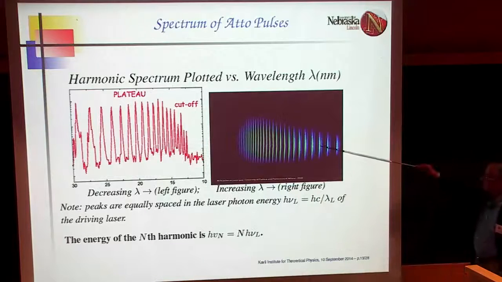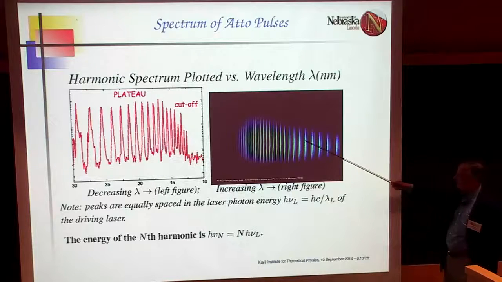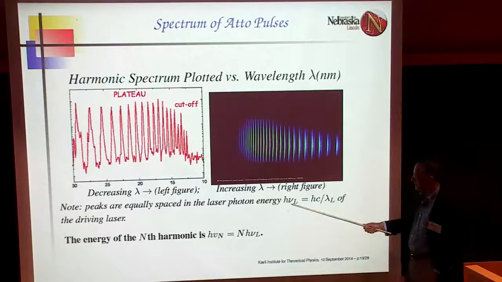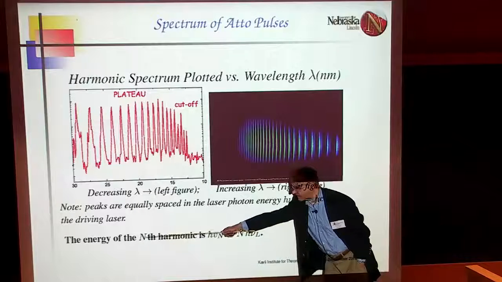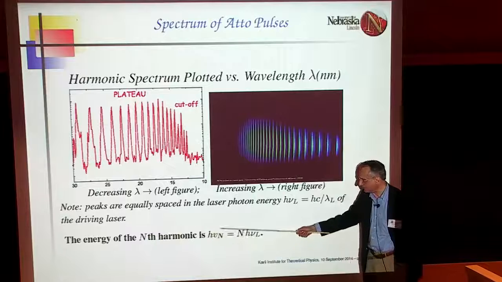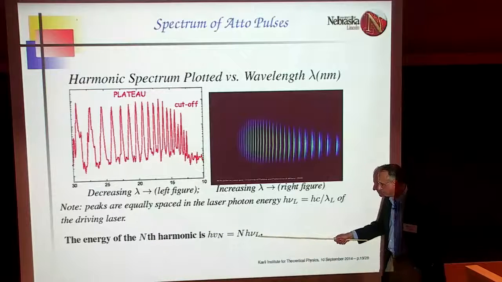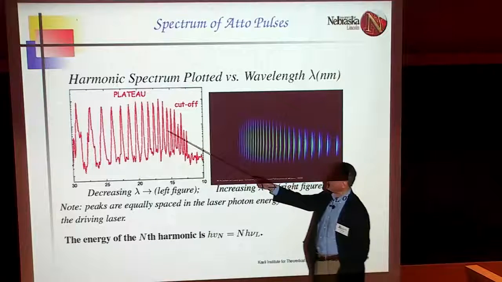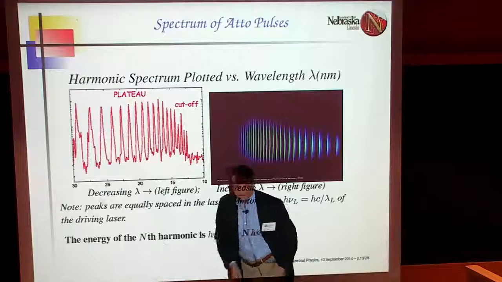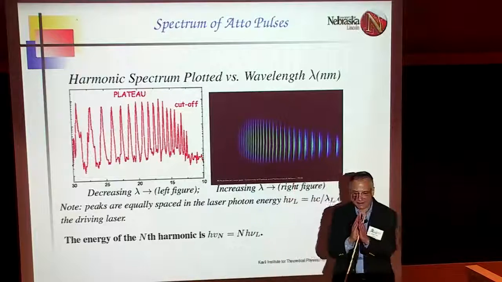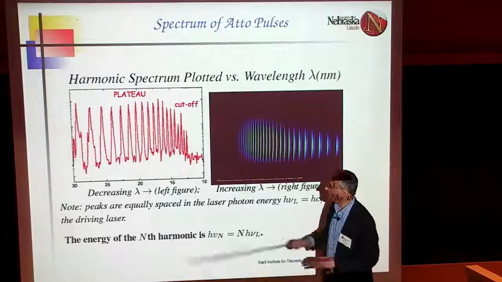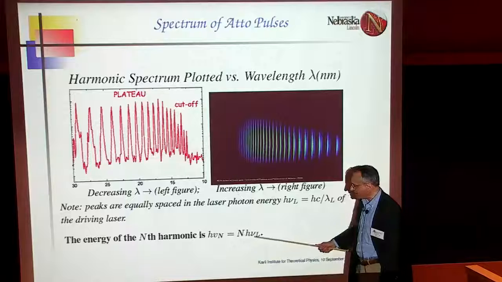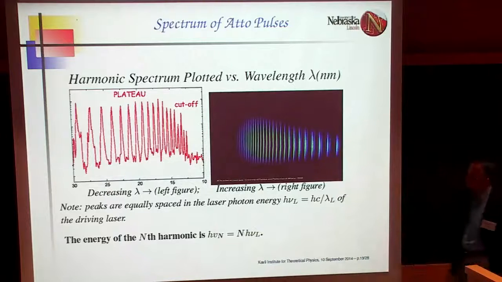But the key point is that each of these bursts is a harmonic, and the nth harmonic has an energy of n times the photons in the driving laser field. So you can see there are many harmonics. And so in this short attosecond burst of radiation, you can get pulses that can go to quite high energies depending on how many laser photons are in them.